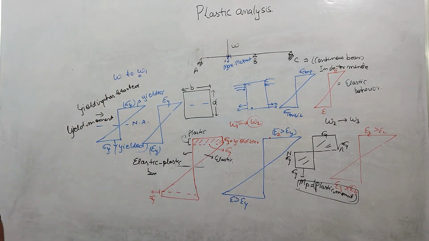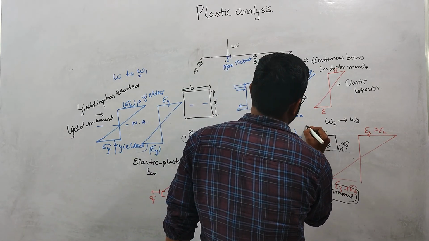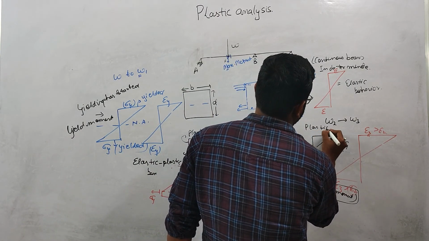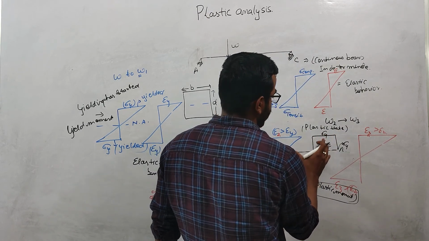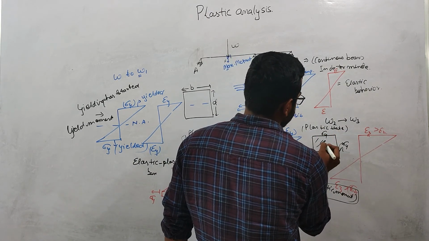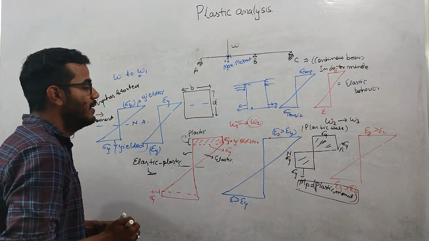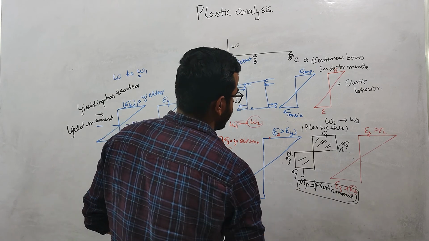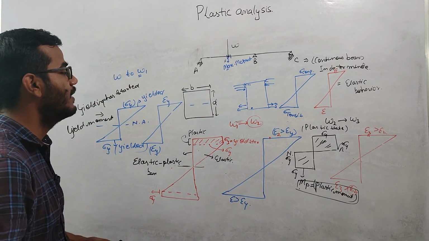And after crossing this, we reach the plastic state, where all the fibers have reached the point called sigma y. This is a complete plastic state, and the moment corresponding to this plastic state is the plastic moment, right? So this is the way your structures behave in plastic analysis.